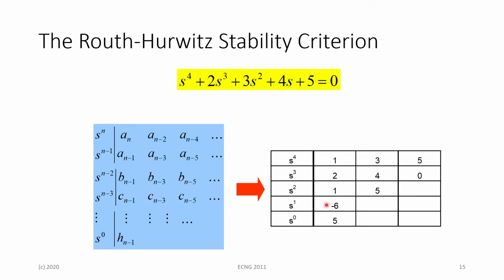When we move to the s to the 1 row here, we'll be dealing with these 2 values right above it, and then these next 2 values here in order to calculate for this value. And then similarly for the s to the 0 row, we'll be dealing with the 2 values right above it, and then the next 2 values accordingly next to it. It's basically just a series of repeated calculations that you keep on going on until you obtain down to the s to the 0 row. And at that point, the Routh-Hurwitz table is completed.